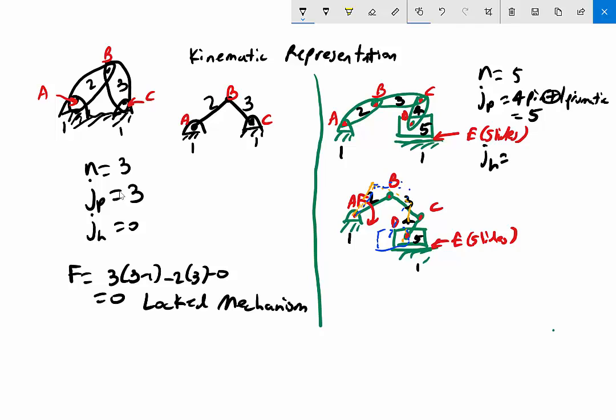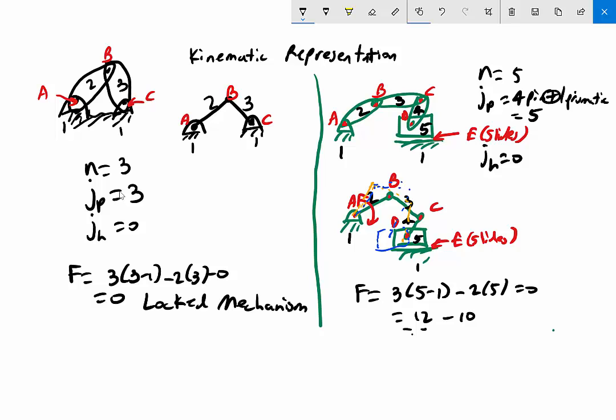Higher order, right? Gears, cams, don't have any. So let's plug it into our equation. Gruebler's equation, again, just for planar cases. So we have 5 minus 1 minus 2 minus 5 equals 0. 12 minus 10 equals 2.